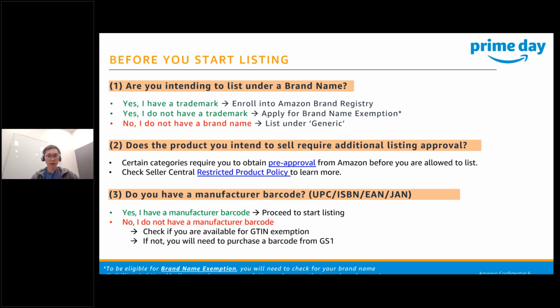If you do not have a manufacturer barcode, you can check to see if your product is available for GTIN exemption. Or if not, you will have to purchase a barcode from GS1. GTIN refers to Global Trade Item Number. For those who don't know, it's just an identifier for trading of items developed by GS1.